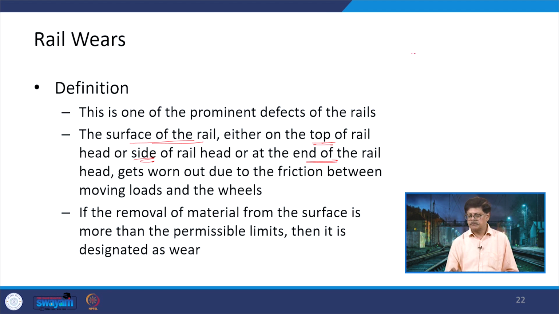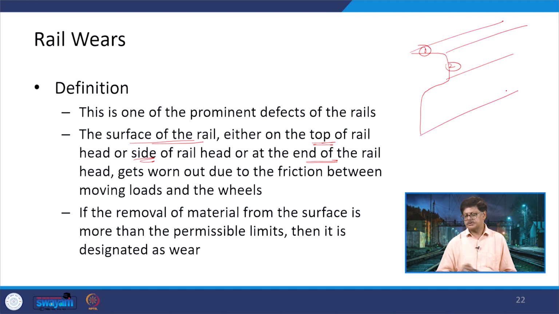So, that means in any of the rail sections, this may occur at the top, this may occur at the side of the rail head, or if we are talking about this continuous rail, then it may be occurring at the end of the rail head. So, these are the three positions where this wear can occur, and this occurs due to the friction between the moving loads and the wheels.